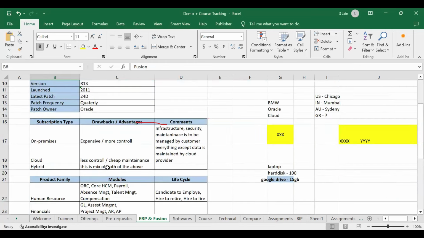guys, moving ahead, as we discussed, these applications are cloud-based applications. So what is cloud, guys? Let's take an example. If you're using a smartphone, you install WhatsApp. You go to the Play Store and install WhatsApp.